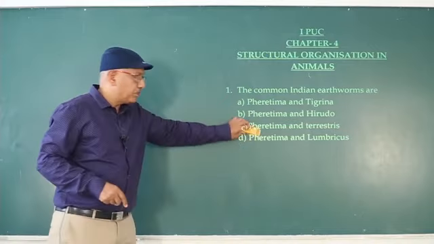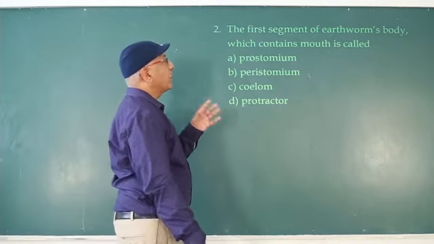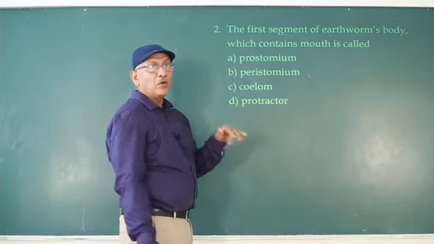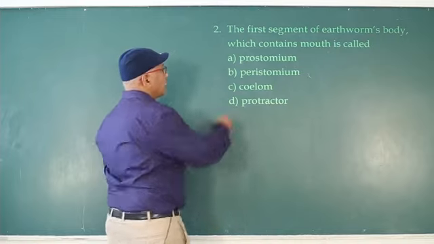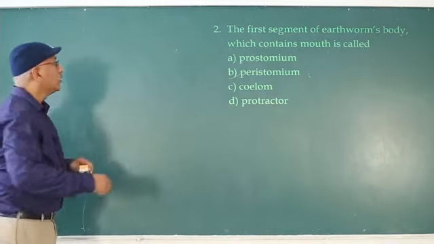Next question. The first segment of the earthworm body, which contains the mouth, is called the peristomium. Peri means around, stoma means mouth.